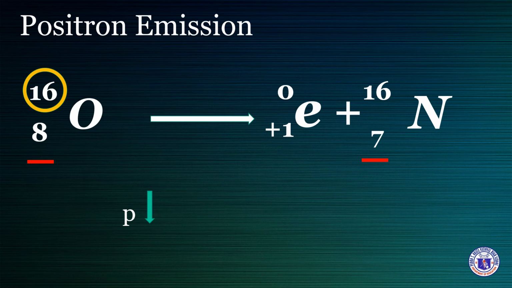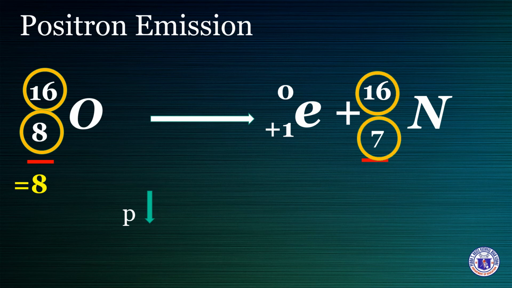For the example, oxygen has an atomic mass of 16 minus 8 protons, so we have 8 neutrons. For the new element, that is nitrogen, the mass is 16 minus 7, which equals 9. With this, the neutron during positron emission increases by 1.